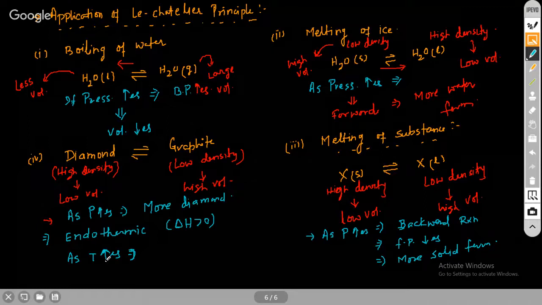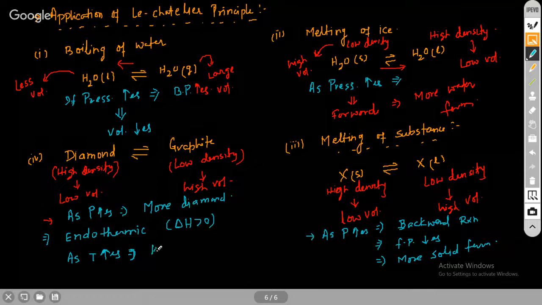So when K increases, the reaction goes in the forward direction. For an endothermic reaction, when temperature increases, log K2 by K1 will be positive, so K increases.